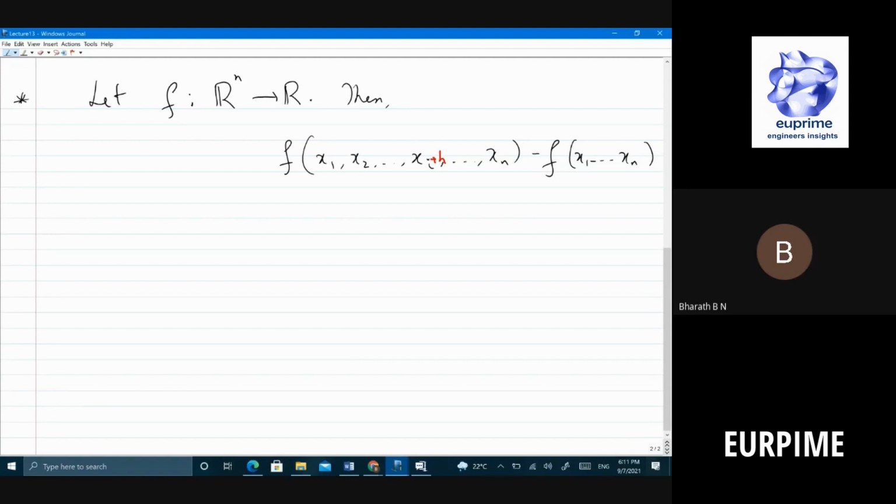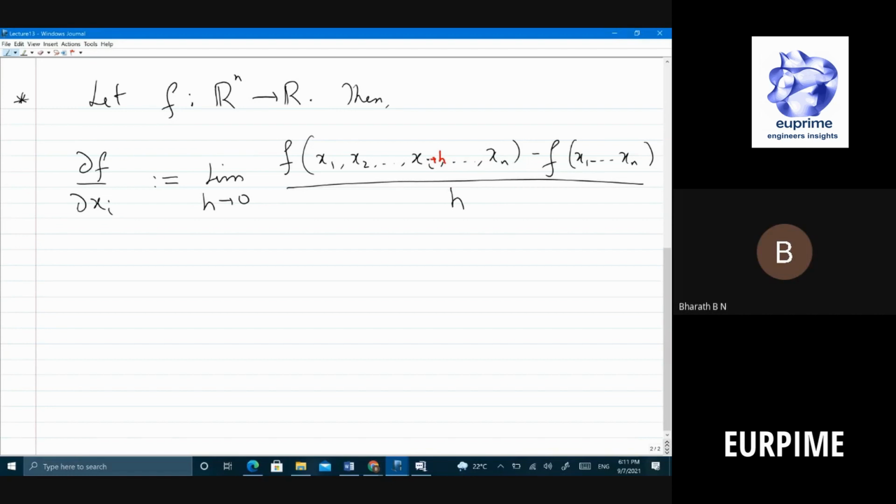So essentially I'll take the ith component, move slightly in the direction of the ith component, see what is the function value, subtract f of x1 through xn, divide by h. And I take the limit h going to 0. So what is this? This is your partial derivative, right? So you take the derivative of the function with respect to the ith component, right?